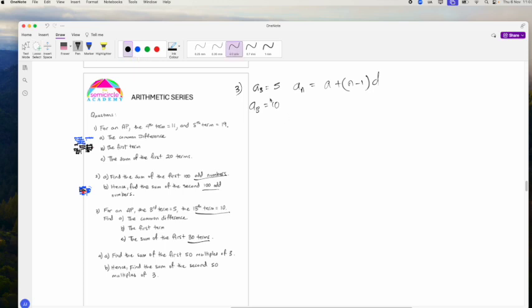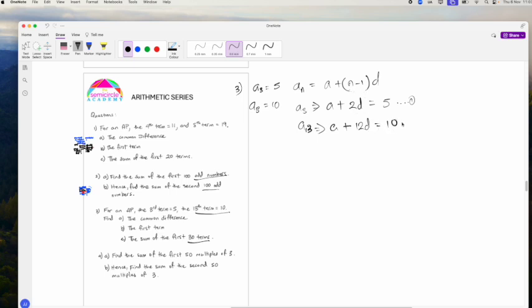So A3 is a plus, with n being 3, 3 minus 1 is 2d, and that is 5. Let's call this equation 1. And A13 implies we have a plus 12d, since n is 13 this time and n minus 1 is 12, and that is 10.